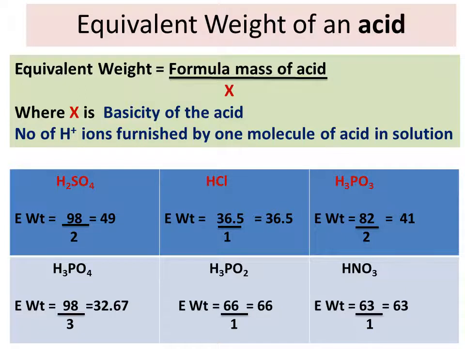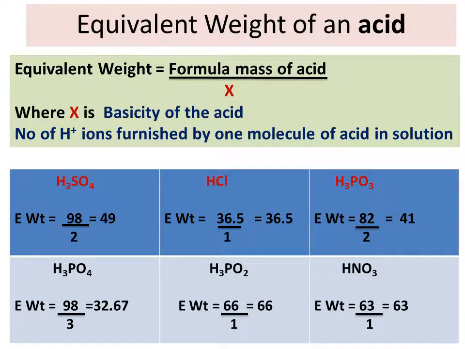And in case of H3PO2, again the formula shows the presence of 3 hydrogens, but only 1 hydrogen is replaceable. This molecule gives only 1 hydrogen ion in solution, and that's why its equivalent weight will be formula weight divided by 1, and the formula weight is 66, so 66 divided by 1 is 66. So the equivalent weight here is 66. In case of HNO3 it is 63 upon 1 because 1 hydrogen is replaceable.